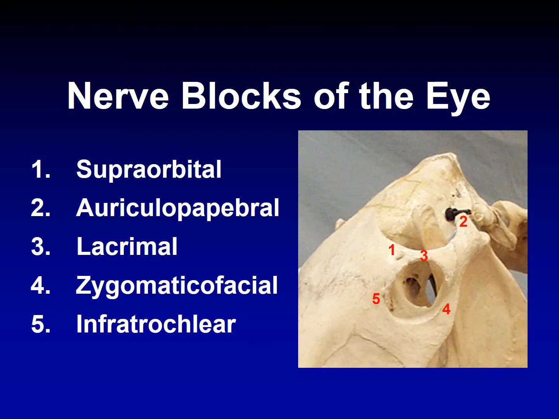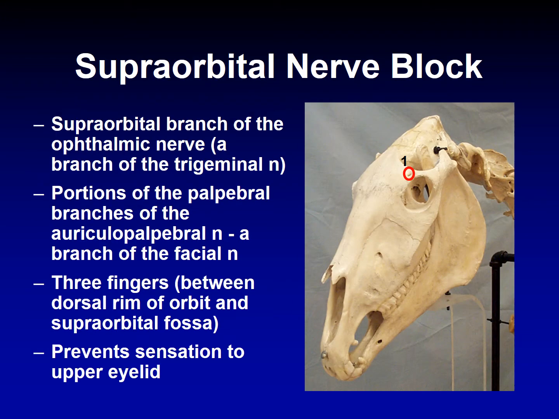Let's look at the nerves that will be anesthetized during these nerve blocks. These are the nerves. First, the supraorbital nerve. The supraorbital nerve, number one, which comes from the trigeminal nerve and goes into the supraorbital foramen, just above the eye or the orbit.